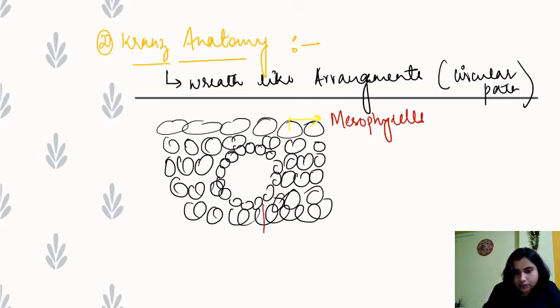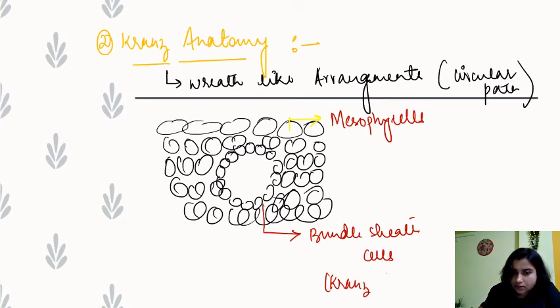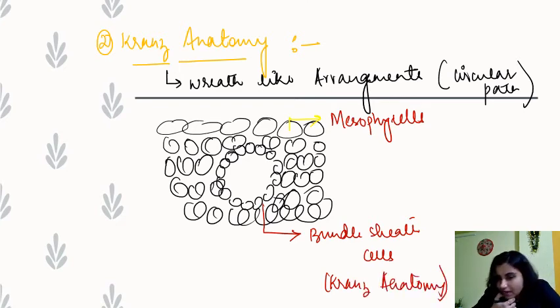Now this arrangement is the bundle sheath cells, but with Kranz anatomy. Kranz anatomy means they are arranged in a wreath-like arrangement. Now we will see the process.